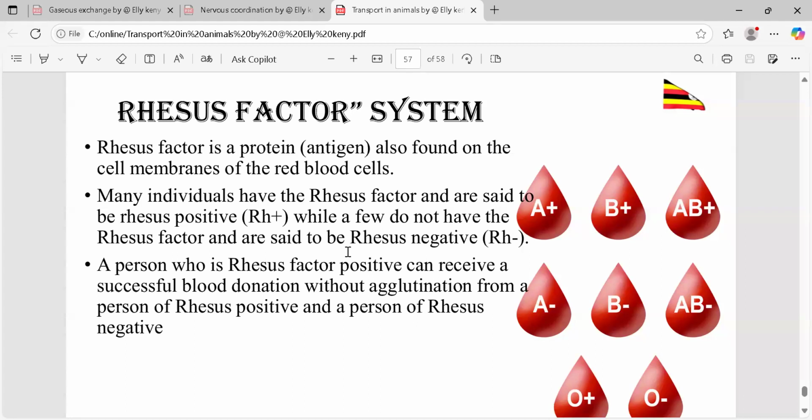So in summary, the person who is rhesus factor positive receives blood from a person who is rhesus factor positive and negative. But a person who is rhesus factor negative receives blood from a person who is rhesus factor negative, and can also receive blood from a person who is rhesus factor positive, but only once in a lifetime.